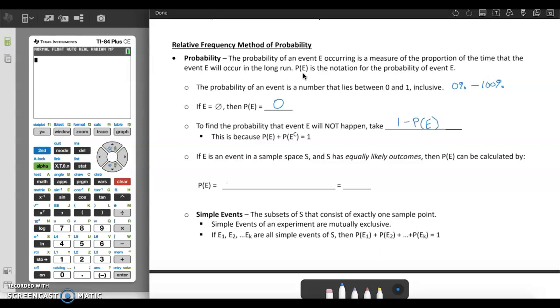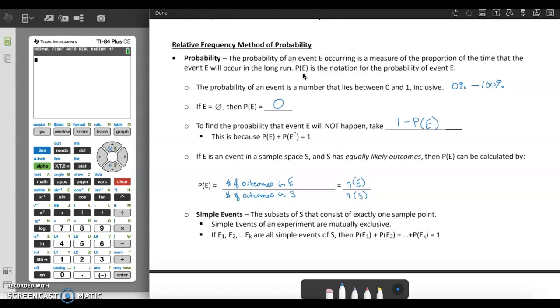If E is an event in a sample space S, and S has equally likely outcomes, then the probability of E can be calculated by P of E equals the number of outcomes in E divided by the number of outcomes in S. Or what we could say in our set theory idea is N of E, the number of elements in E, divided by the number of elements in S. So this is probably what you think of when you think of probability without ever knowing the formal definition for it.